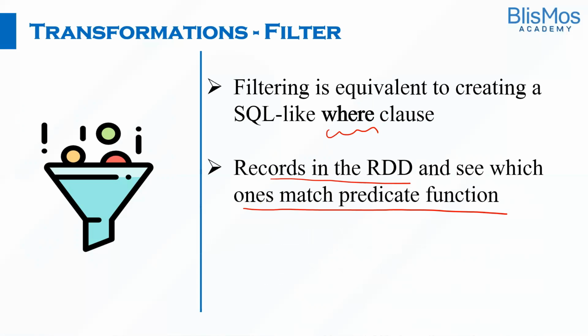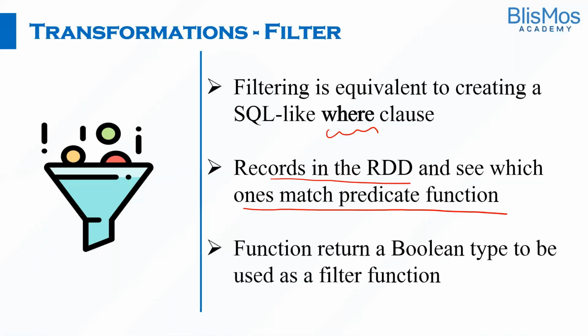So to filter, you need to define a function. This function will return a boolean type to be used as a filter function. So you define a function and filter the records or elements of an RDD by using that function.